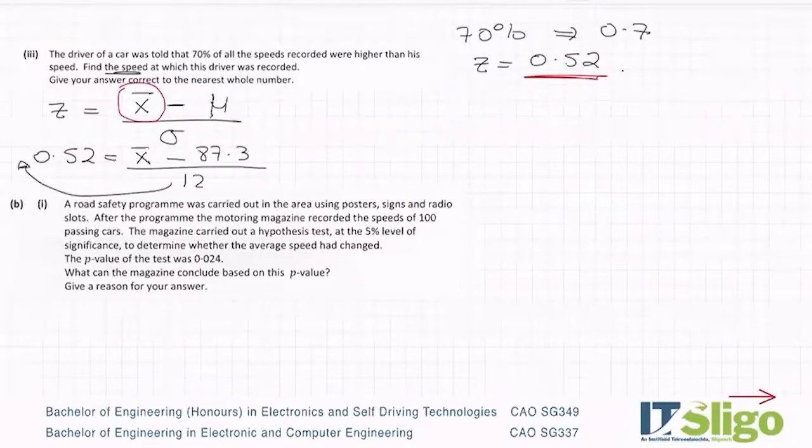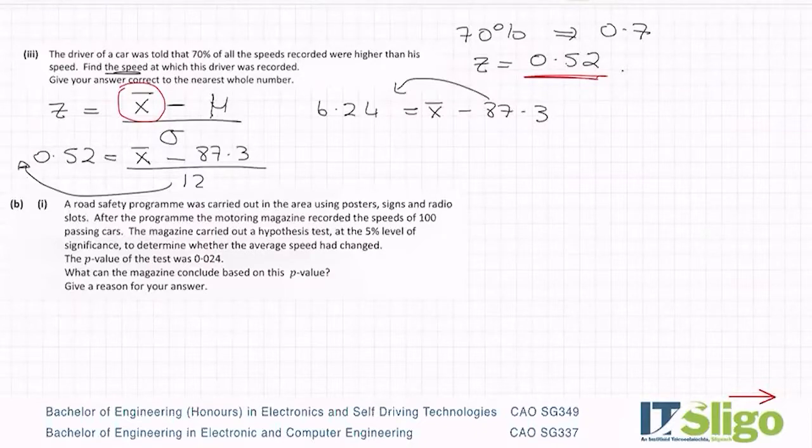I'm multiplying by 0.52. So 12 multiplied by 0.52 is 6.24, which is equal to X minus 87.3. Bring him over and add him on. 87.3. And I get that speed being equal to 93.54 miles.